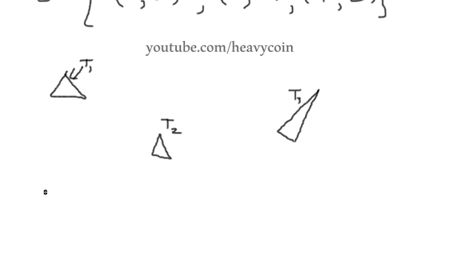And so we would say that this set is the set of triangles, for example T1, T2, and T3.